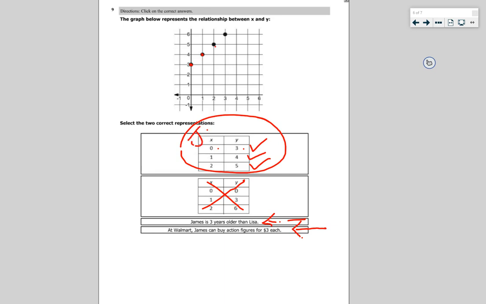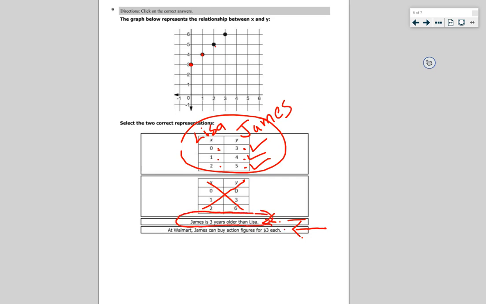If X is Lisa and Y is James, it says James is 3 years older than Lisa. If Lisa is 0, would James be 3? If Lisa is 1, would James be 4? If Lisa is 2, would James be 5? Okay? So that's the correct answer.